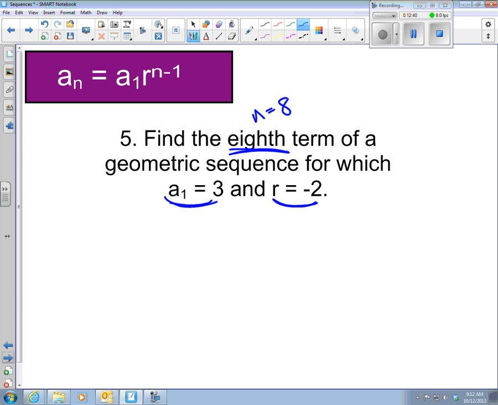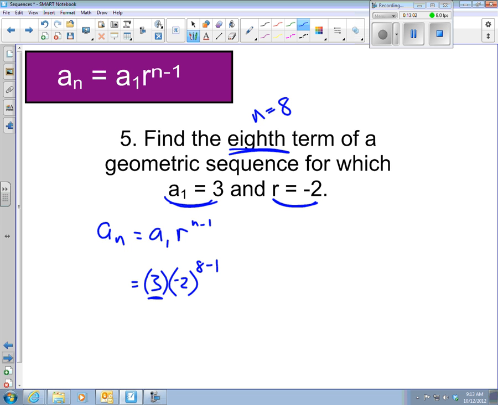So basically, we're just going to plug things into the formula here. a sub 1 times r to the n minus 1 power. That's an exponent there. So a sub 1 is 3. Put that in parentheses because I'm multiplying it by r, which is negative 2, to the 8 minus 1 power.